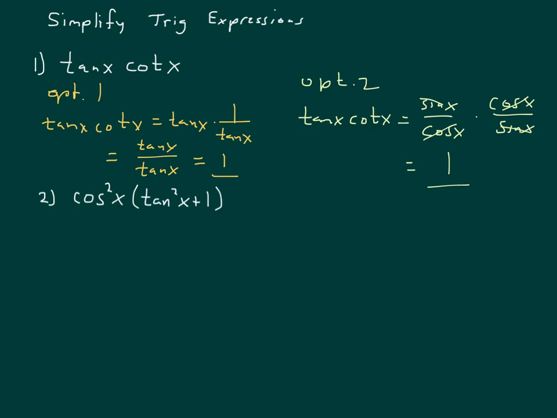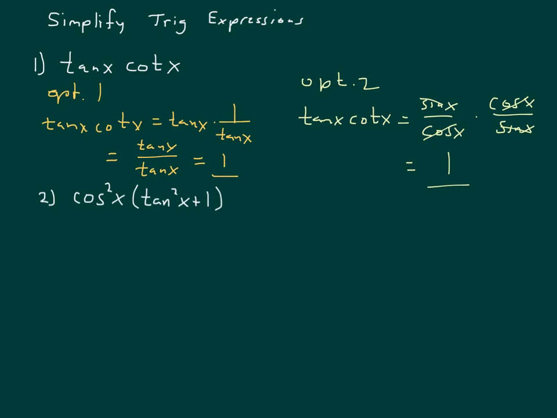Now, let's take a look at this second version. The second one is cosine squared x times the quantity tangent squared x plus 1. Now, option 1 here, I can use the fact that tangent is sine over cosine, and I can replace tangent squared with sine squared over cosine squared.